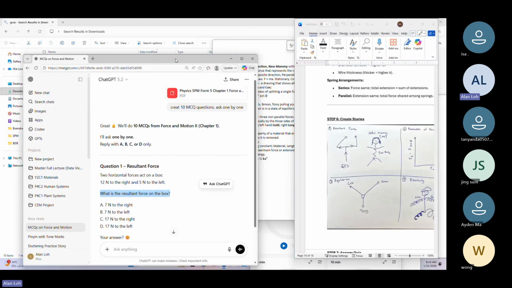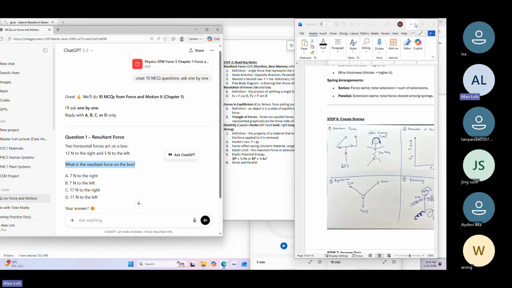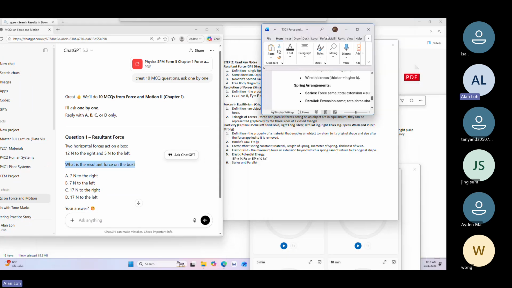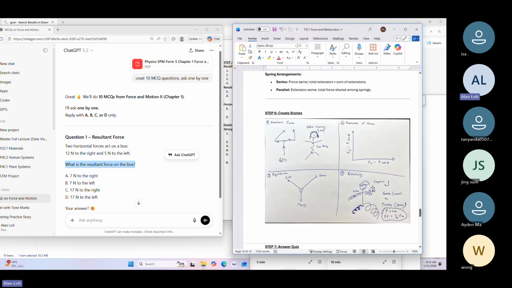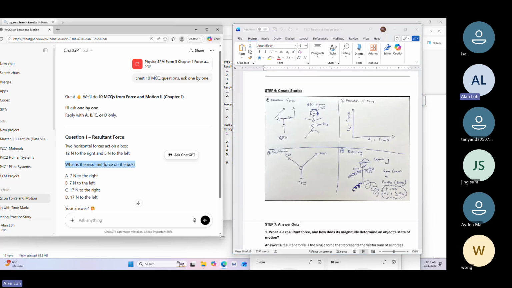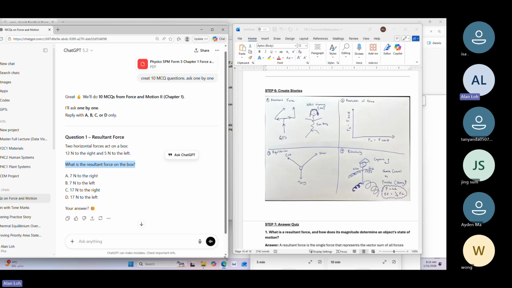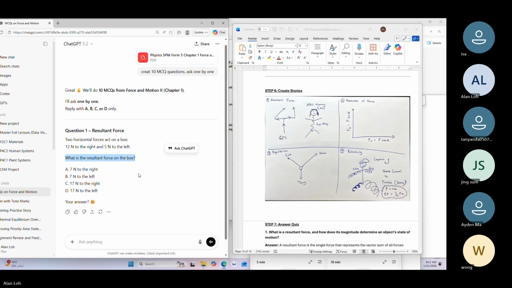You cannot bring all your notes into the exam hall. Let's see if the drawing is able to help you remember the answers. Okay, let's start number 1. Which drawer is this? And then tell me what's the answer.